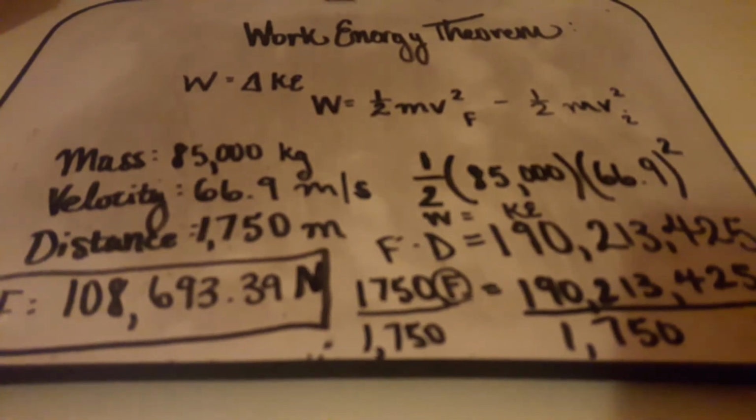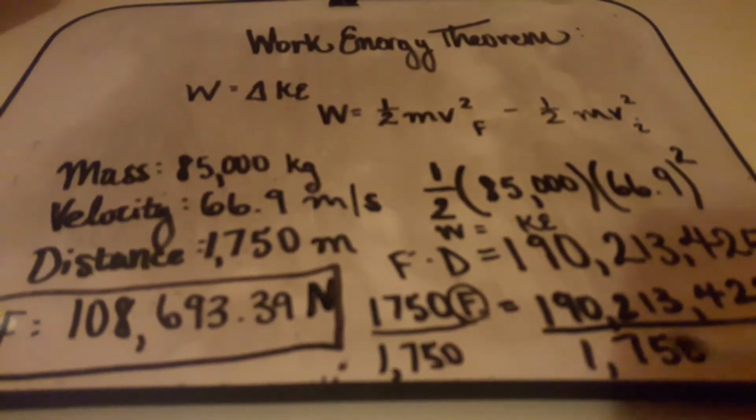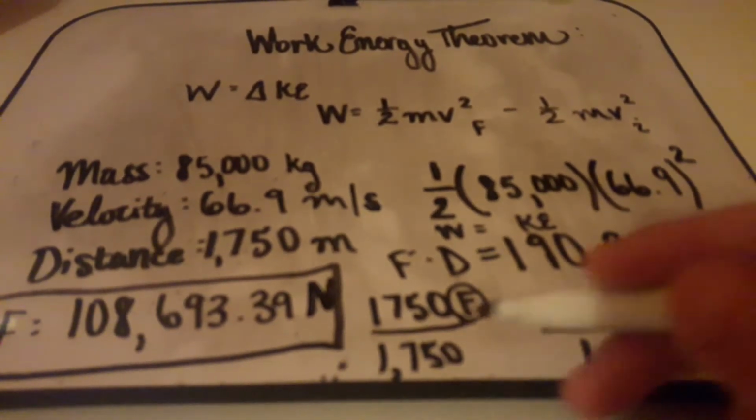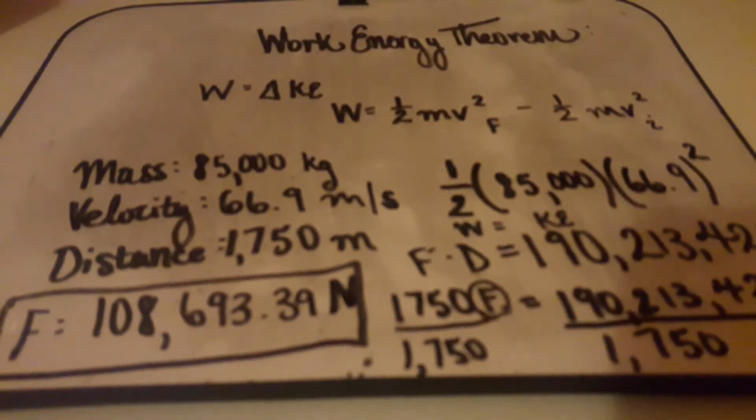I know it may seem like a lot, but in reality, it's quite fun to solve for it. And for the final concept now, it is going to be power. Now, for this formula, it is going to be relatively simple.